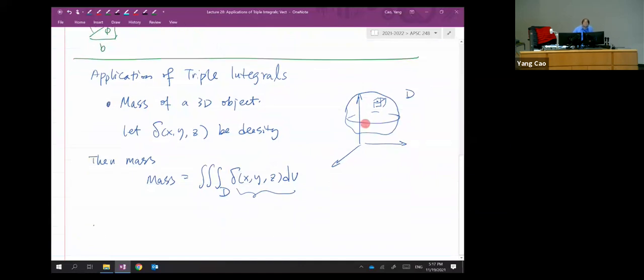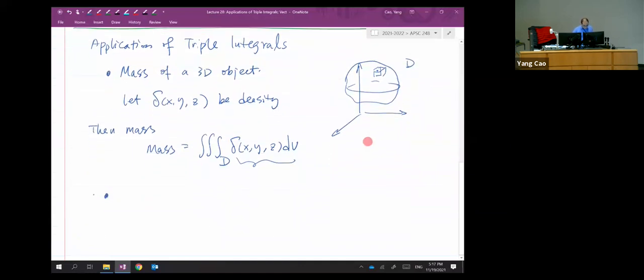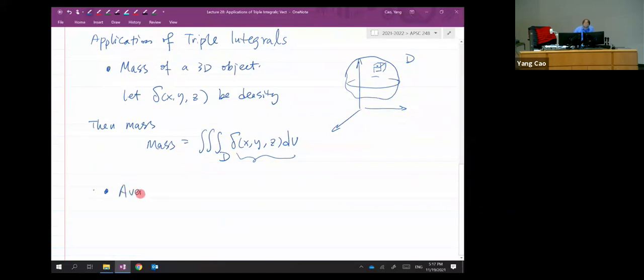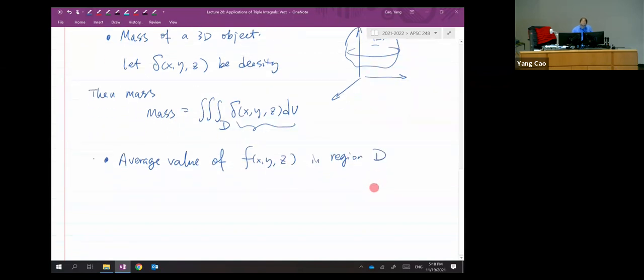Second application is called the average value of a function in region D. Same thing, just from a different perspective.